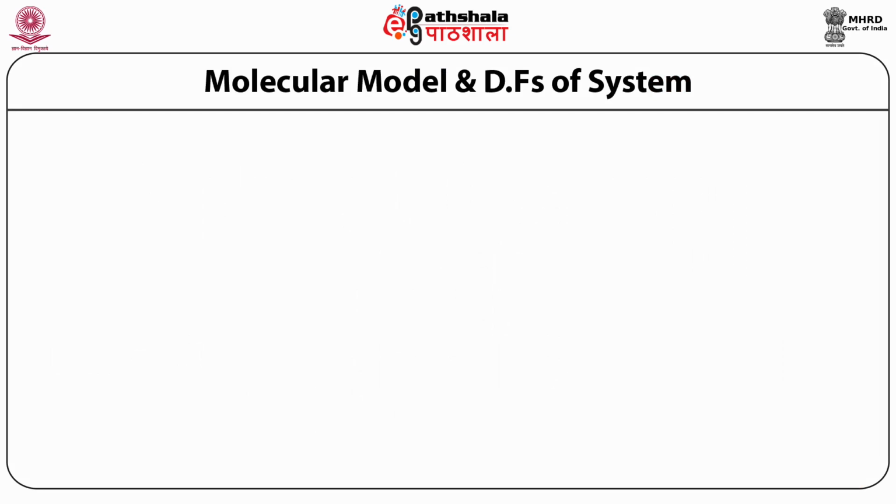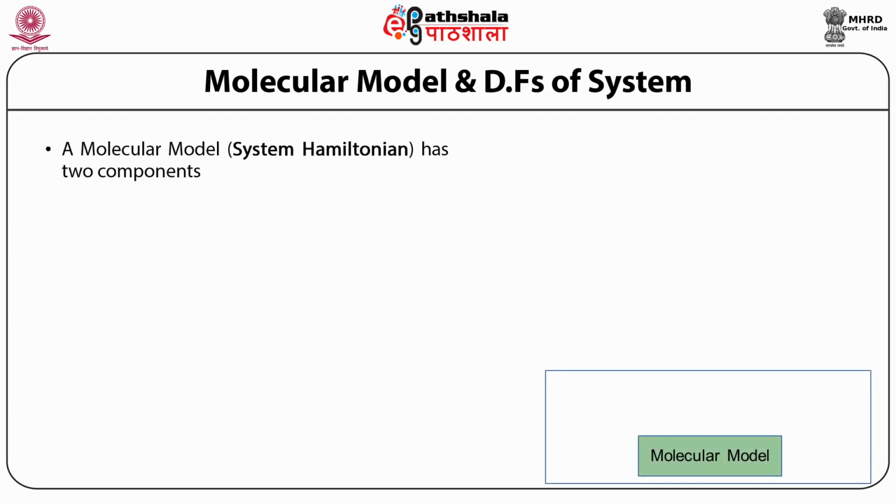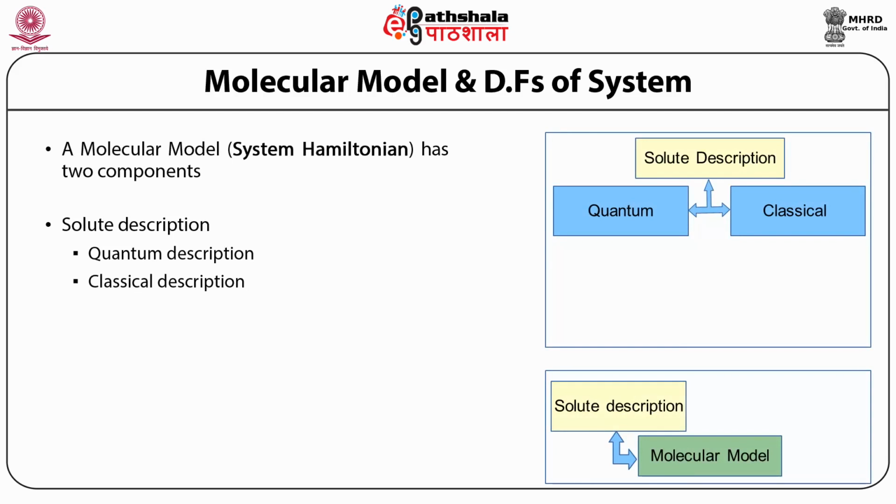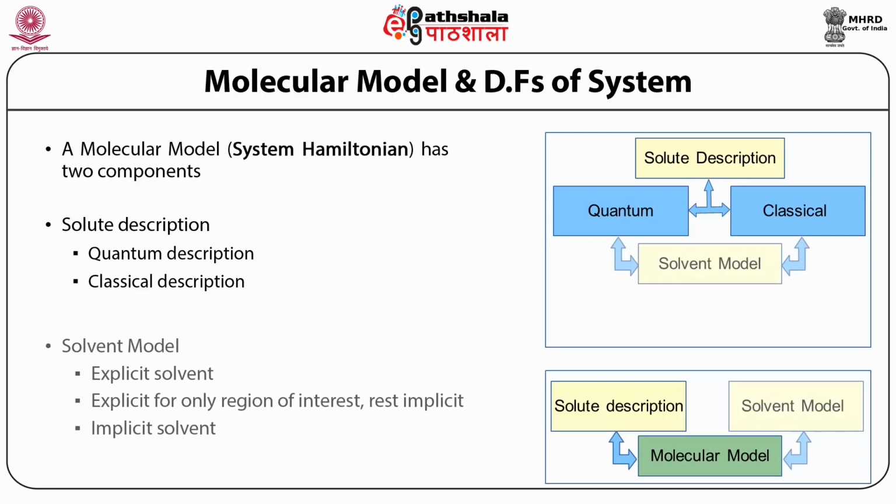Now, if we look at molecular modeling already explained and the degrees of freedom of a system, we can define the model into a solute description, which can be done in quantum and classical. Normally for macromolecules, we use a classical model. Solvent models also can be both, but we normally use a classical model.